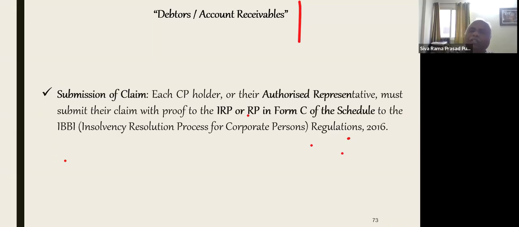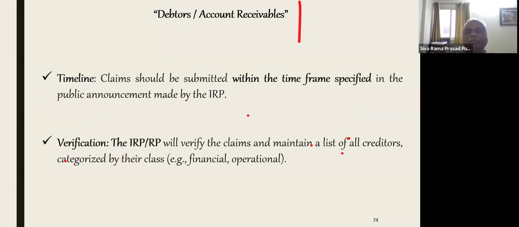If fewer than 10 are there, all can participate in the COC meeting. If 10 and above, then an authorized representative is required. Timeline: the claim should be submitted within the time frame specified in the public announcement made by the IRP. Verification: the IRP or RP will verify the claims, maintain the list of creditors, and categorize them as financial or operational.